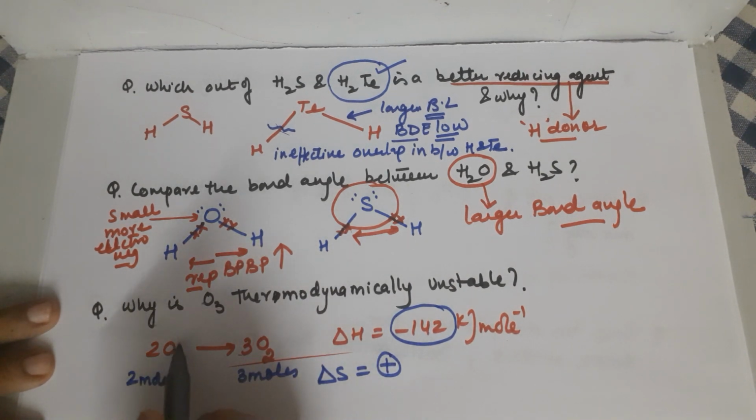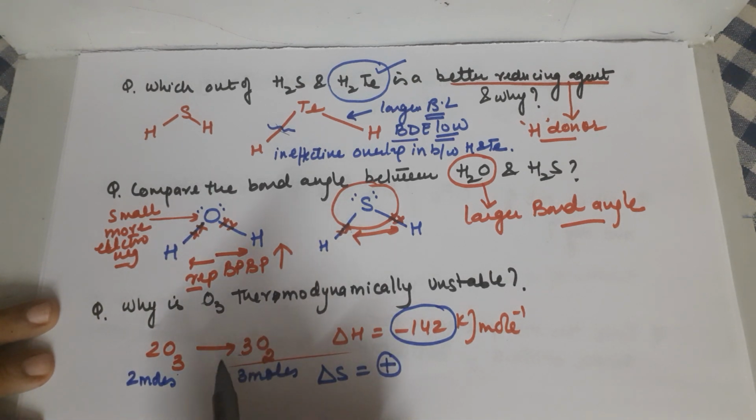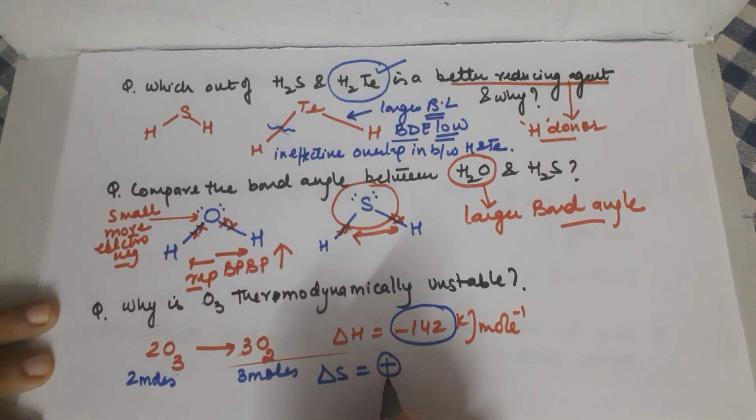Out of these two, here you have 2 moles of ozone molecules, that is 6.022 × 10^23 into 2 number of O3 molecules, while in this case you have 6.022 × 10^23 into 3 number of O2 molecules. Hence, the movement and mobility would be observed more if the number of molecules is more. So, delta S is positive.